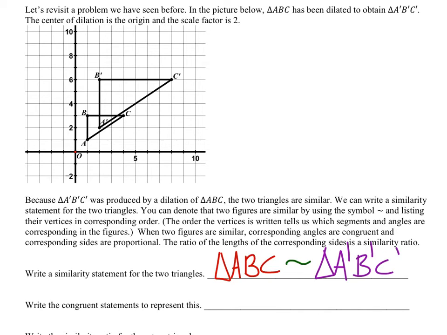Write the congruent statements to represent these. There should be 3 congruent statements, all for the angles. For example, I've got angle ABC, which is congruent, that's the symbol for congruence, to angle A prime, B prime, C prime.